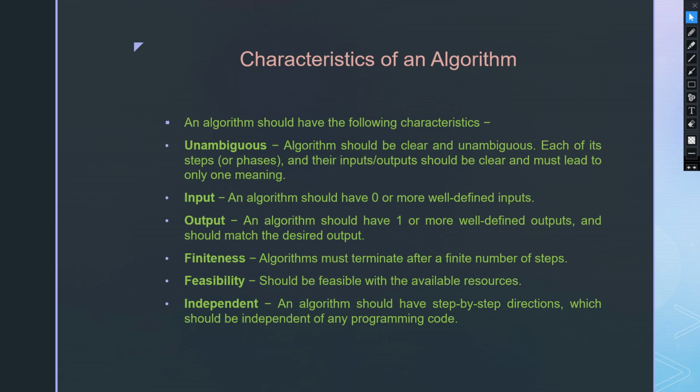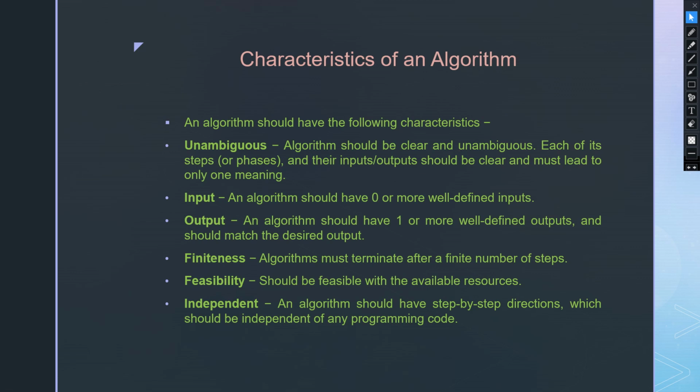Unambiguous: the algorithm should be clear and unambiguous. Each of its steps or phases, and their inputs and outputs, should be clear and must lead to only one meaning. Our algorithm must be finite and clear, and we should not try to implement an ambiguous algorithm.